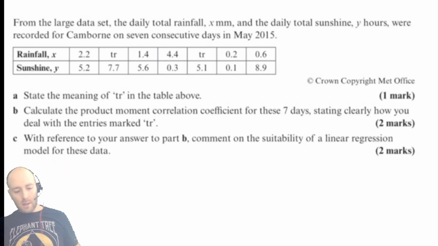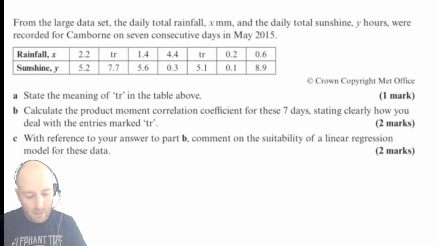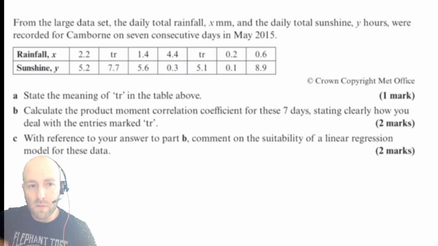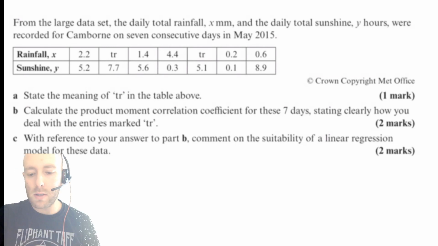So first of all, we're going to state the meaning of TR, calculate PMCC, and then decide whether a linear regression model is suitable. So some nice easy stuff. 5 marks, so I'll give you guys 5 minutes. So let's set the timer up now. Cool. So 5 minutes, we will go through this one.